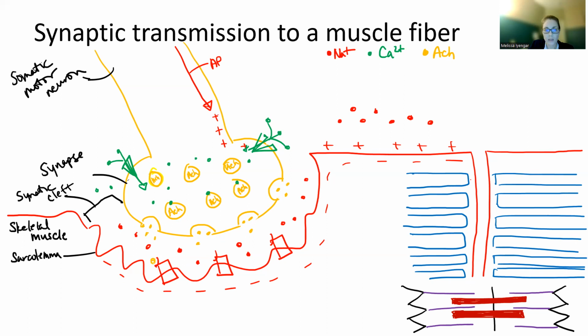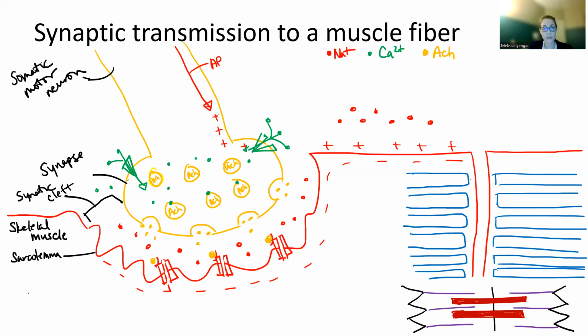The acetylcholine is going to come and bind to its receptor on these sodium channels that are in the sarcolemma. And when that happens, those sodium channels are going to open.